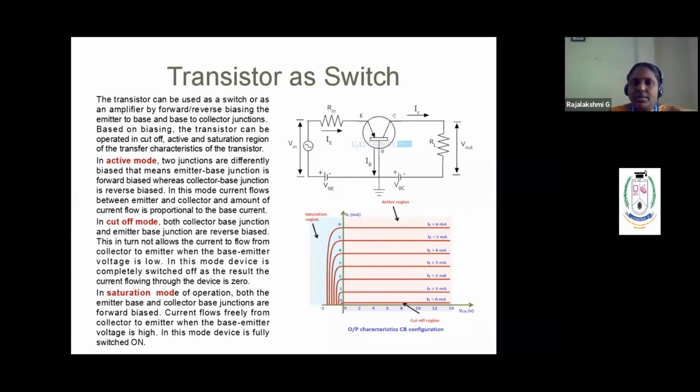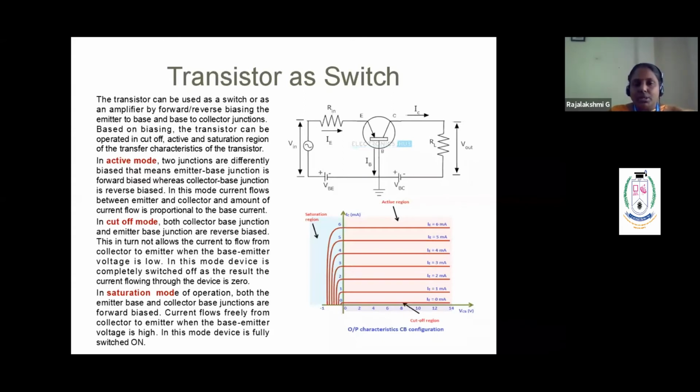So both the collector base junction and emitter base junction are reverse biased. This in turn does not allow the current to flow from collector to emitter. That is why it is called cutoff mode. If you work the transistor in this mode, it will be in an off condition, right? That is the point.